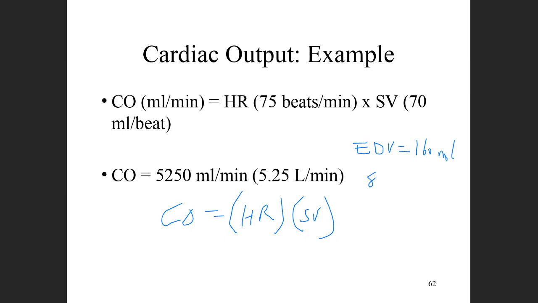If the stroke volume is 80 milliliters of blood, then the end-systolic volume, not stroke volume, this is stroke volume, is 80, right? So in this case, you see that the efficiency of the heart is 50%.